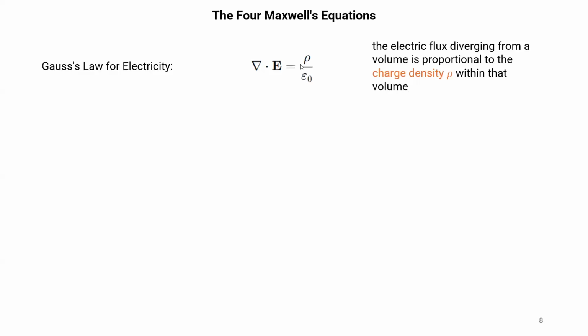Here rho corresponds to the charge density. It is a function that describes the charge and charge distribution in space. And epsilon 0 is just a constant, the vacuum dielectric permittivity with some particular value.